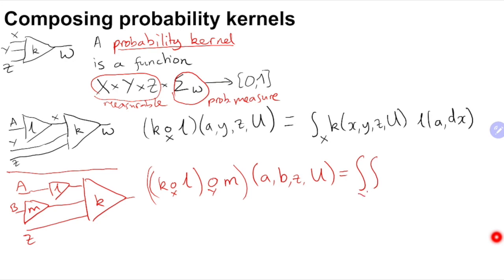We integrate first over X and then over Y, over the second argument.